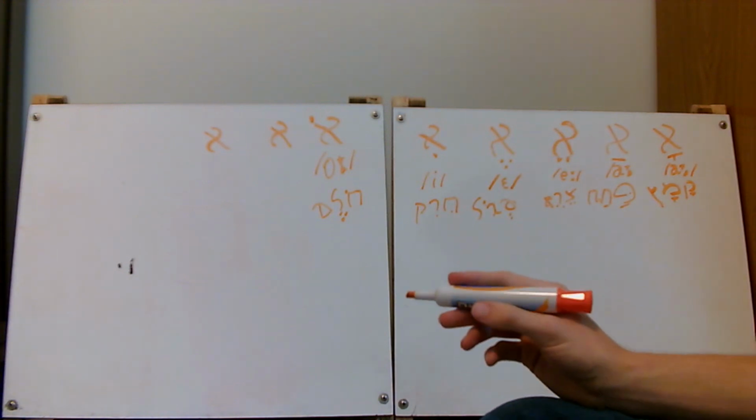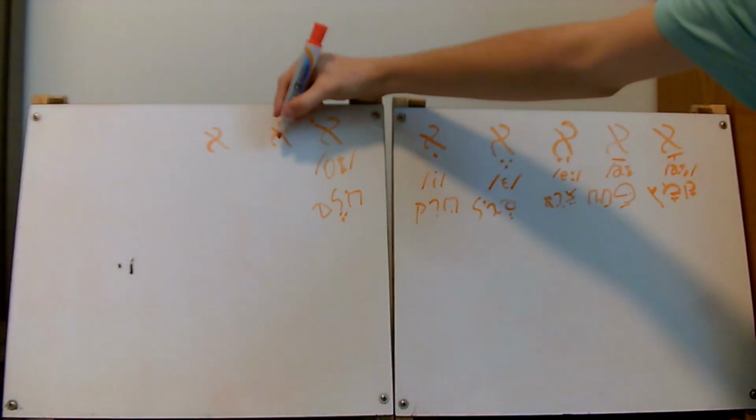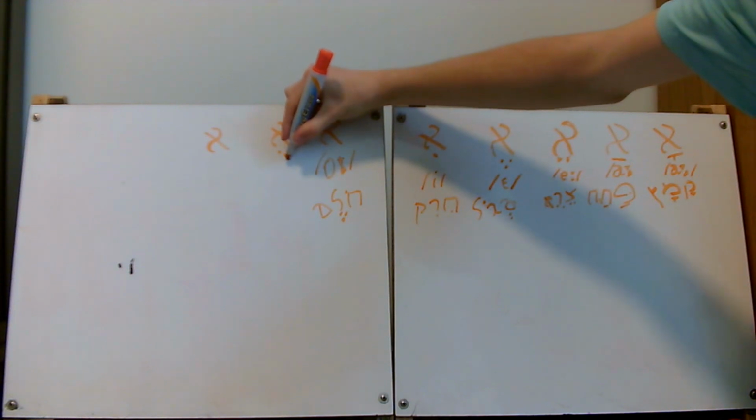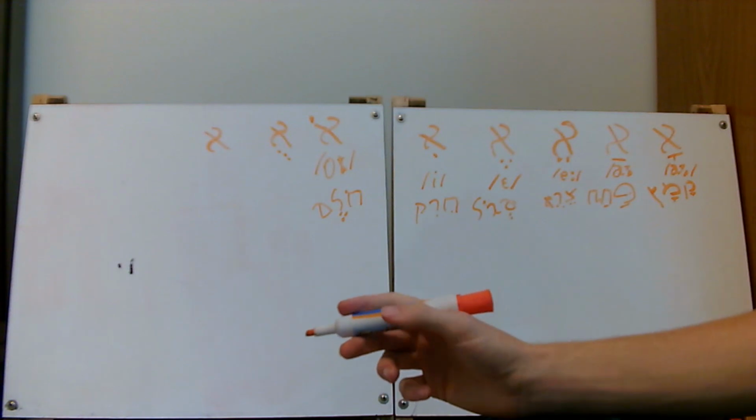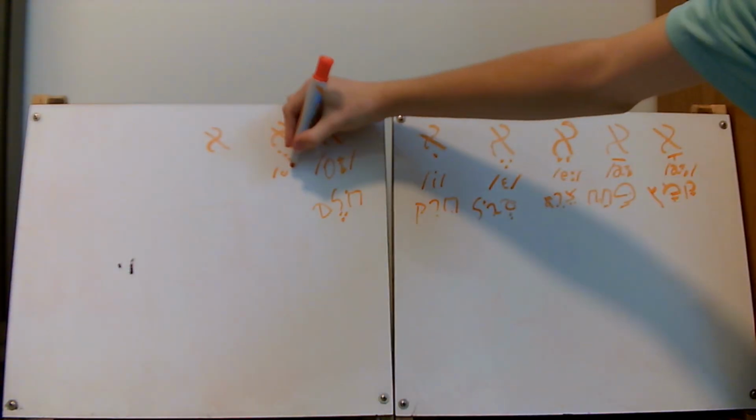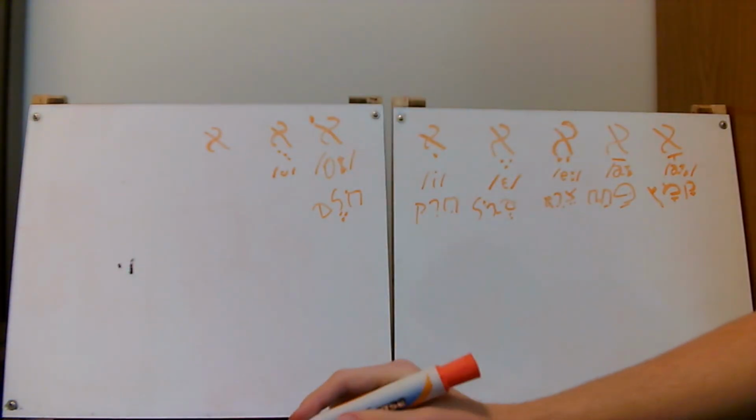So our next one is three dots in a downward arc. It is the short oo.